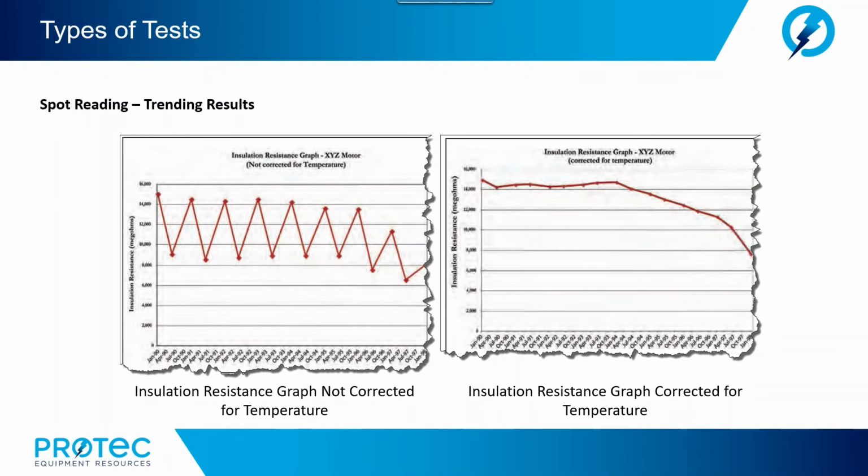Now, as I mentioned before, if we are going to trend our results, temperature will have an effect on the insulation resistance measurement. So for trending purposes, we would need to correct for temperature in order to have a meaningful trend.